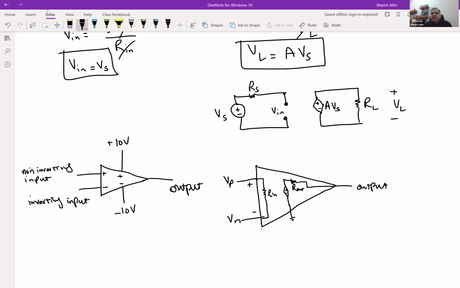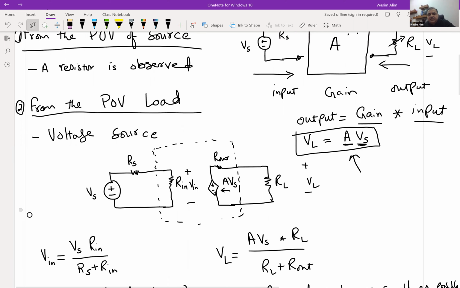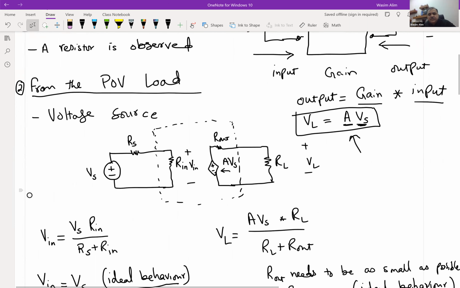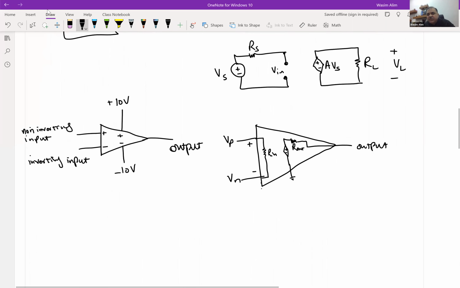So this is how you would do it, and it's the same thing as we have seen here in this circuit. So we're replacing it like that. Of course, you would not show it with this amplifier symbol.